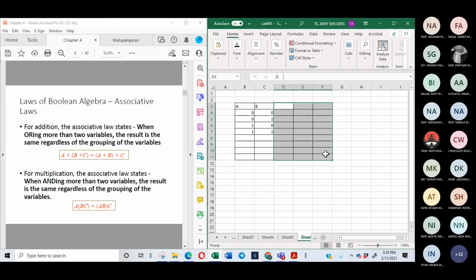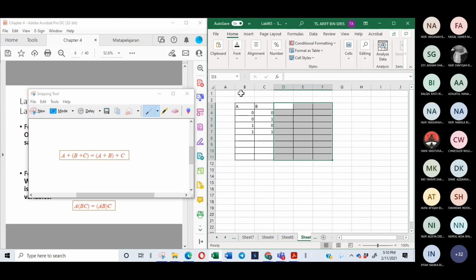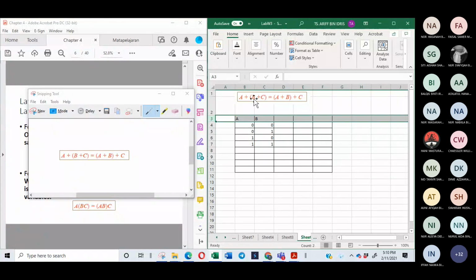In one minute, I want all of you to figure out the truth table to prove this associative law: A plus bracket B plus C is equivalent to bracket A plus B plus C. Discuss your answer.